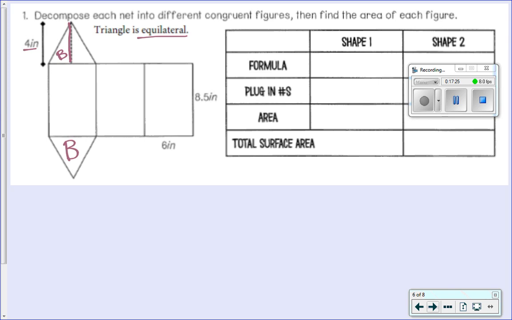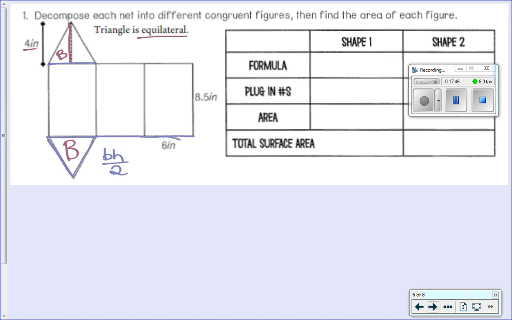Okay, so let's go ahead and find the area of our base. It's a triangle. You are going to write the formula. Base times height divided by 2. What is the base of our triangle? What is that measurement? 6. How do you know it's 6? What are the other ones? Yeah, these 3 lines wrap around here, right?